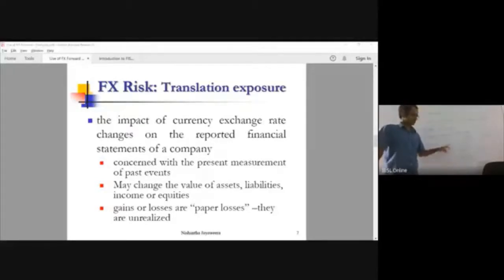Is it a gain or a loss or no impact? This is a loss. You increase your liability, that means you record some sort of loss. This is the risk that we call translation risk.